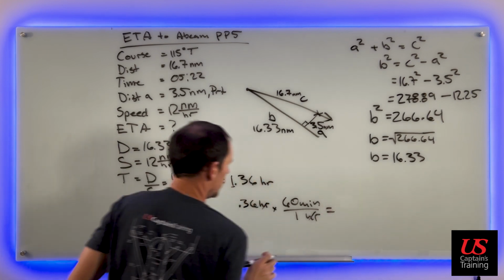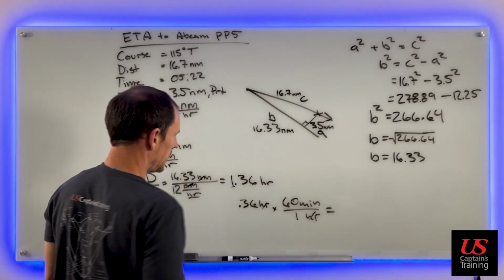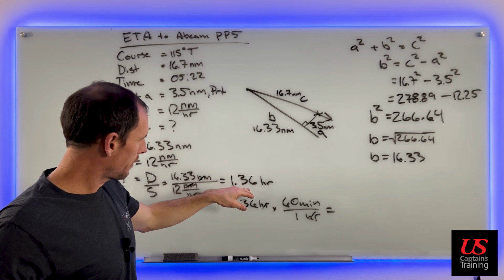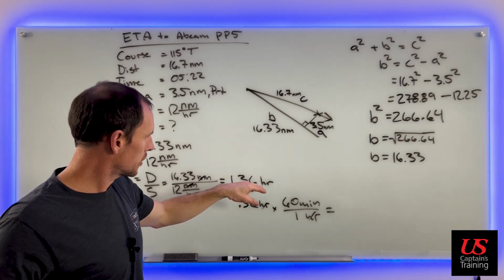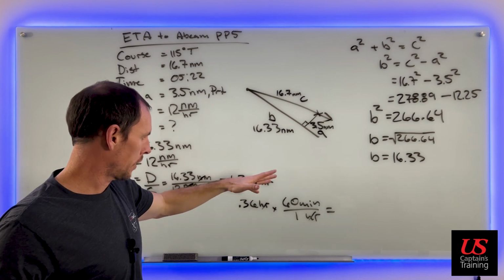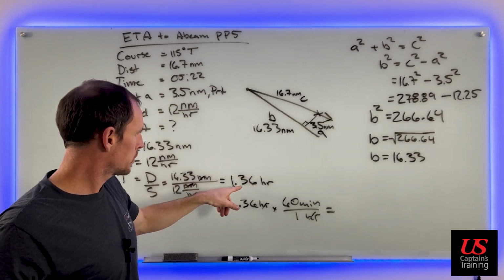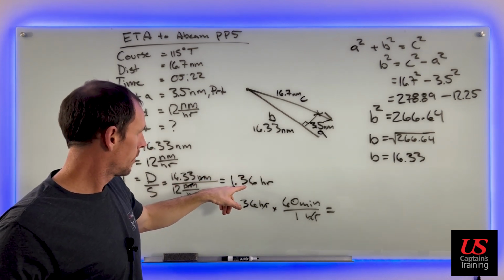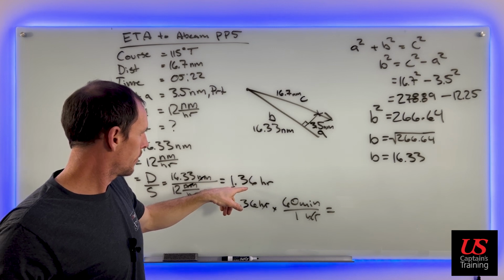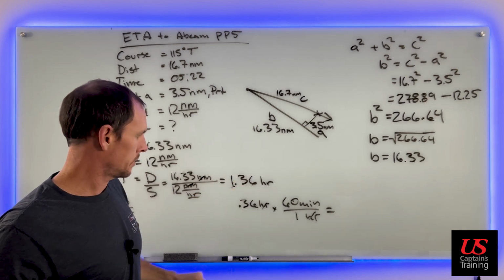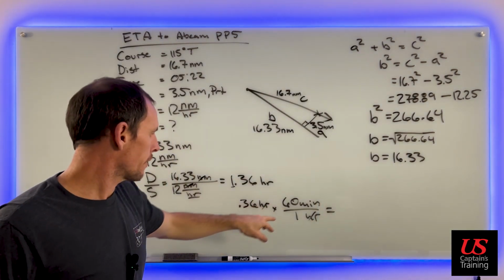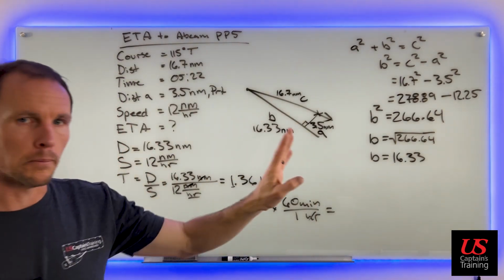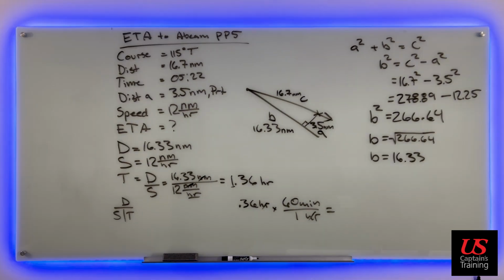What do we get? 0.25 is 15. 0.5 is 30. It's going to be between there somewhere. Let me guess. 0.36 is like 20 something. The mental math is good to check because if you start dividing by 60 instead of multiplying, your math is going to be way off. So let's check it out.